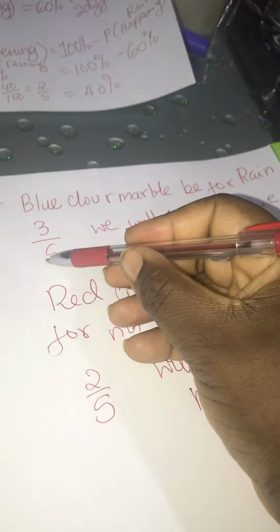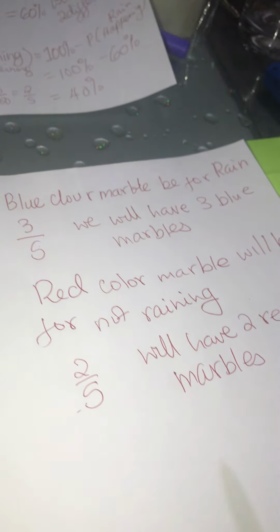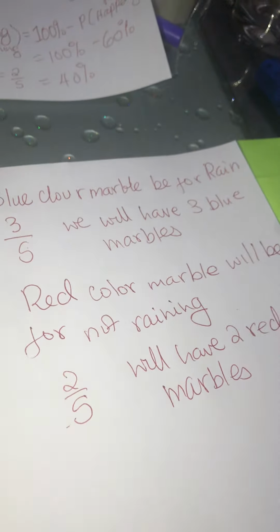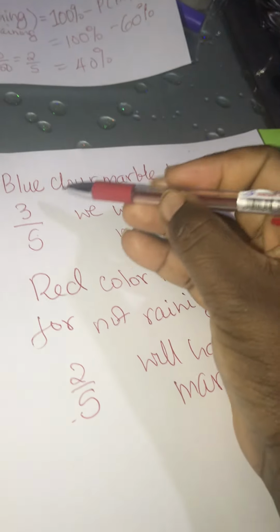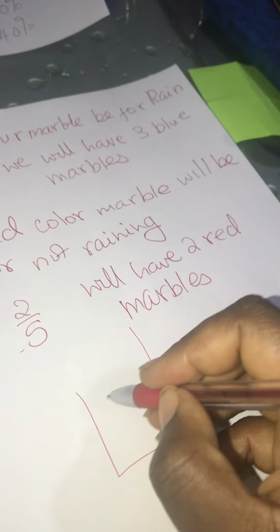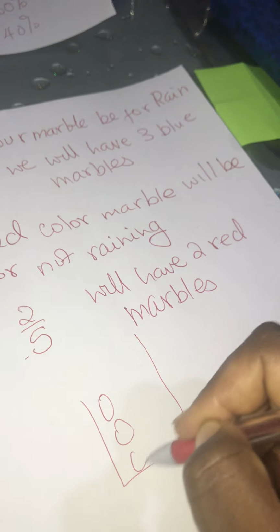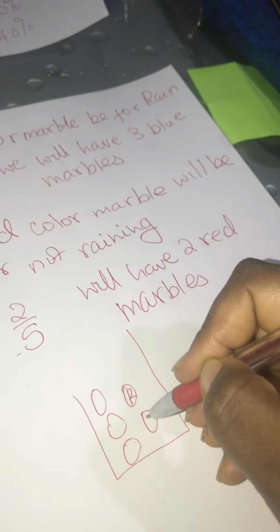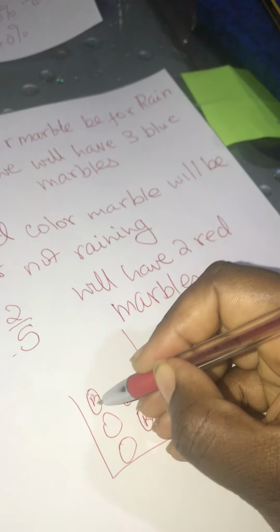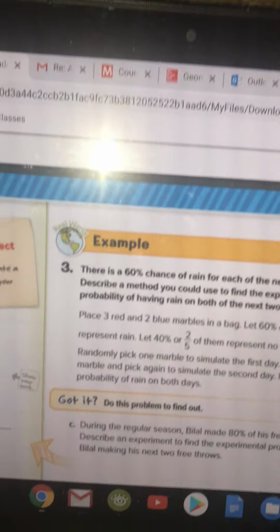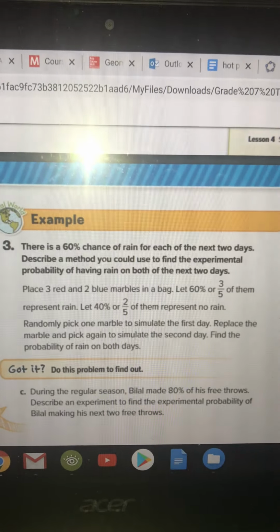Altogether, how many marbles do you need? 5 of them. So first, you get your fraction in percent and you simplify it. This tells you how many marbles will be in your bag. So you will draw your bag with 3 blue marbles and 2 red marbles: red, red, blue, blue, blue. And you have answered that question completely.